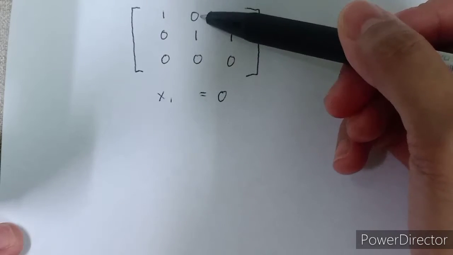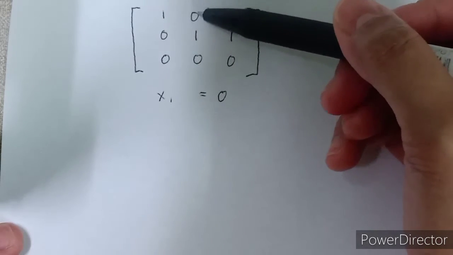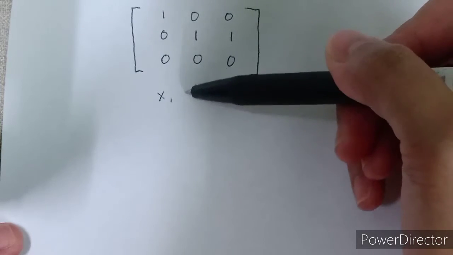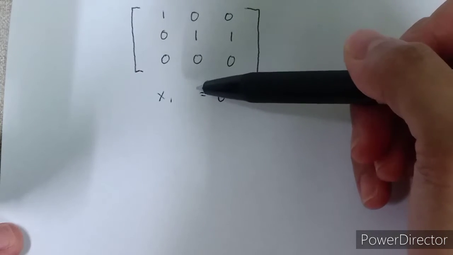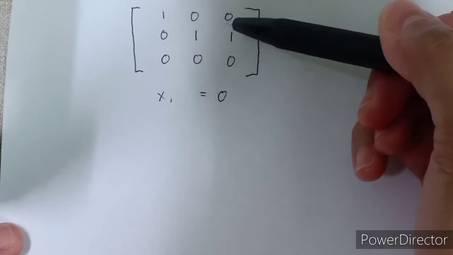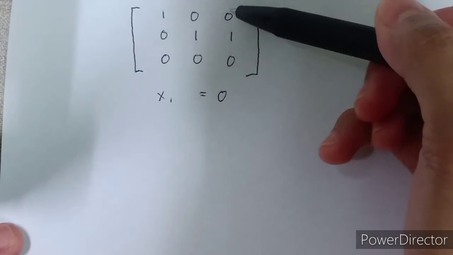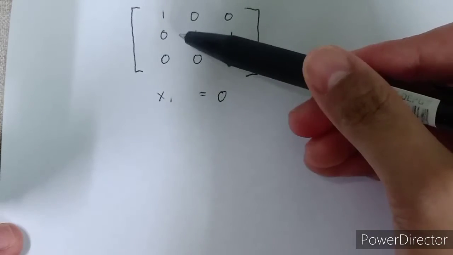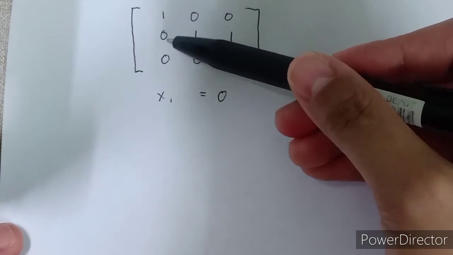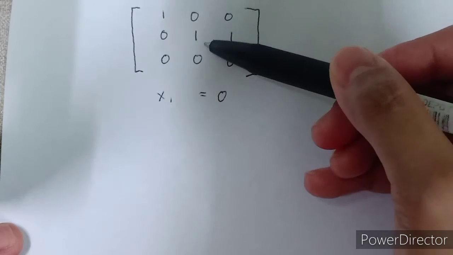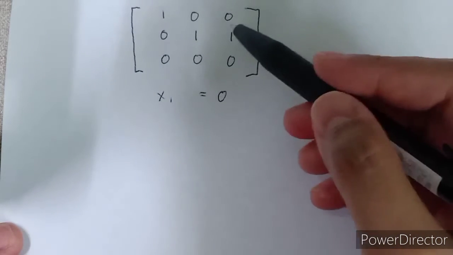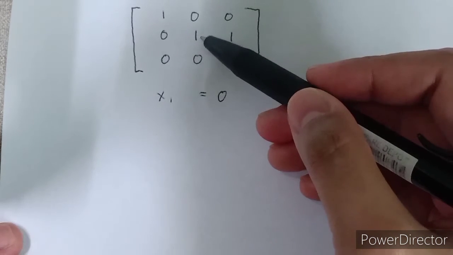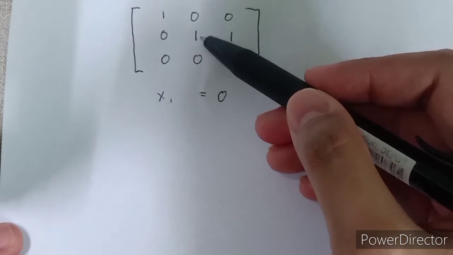and x sub 2, in equation 1, will be 0, so we're not going to write it in here, as x sub 1 will be equal to 0, which is here. For the next equation, as you can see, x sub 1 is equal to 0 and x sub 2 will be equal to 1 as its coefficient.